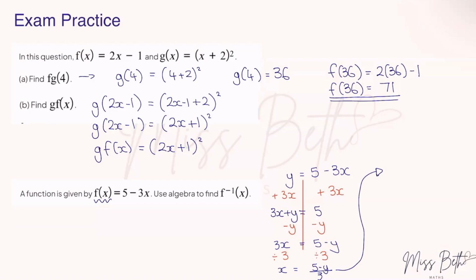If you want to do the switch first, we would have y is equal to 5 minus x, all divided by 3. And then I want to use my inverse notation. So I just replace that y with the inverse function of x is equal to 5 subtract x, all divided by 3.